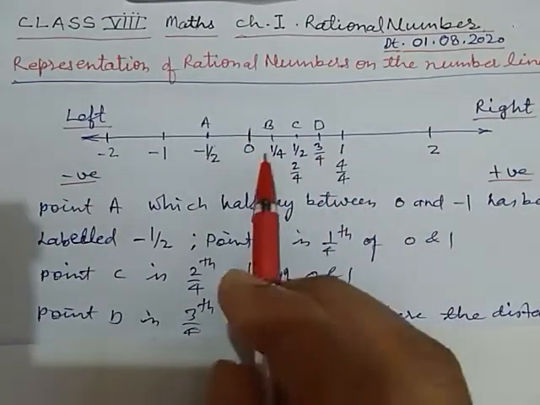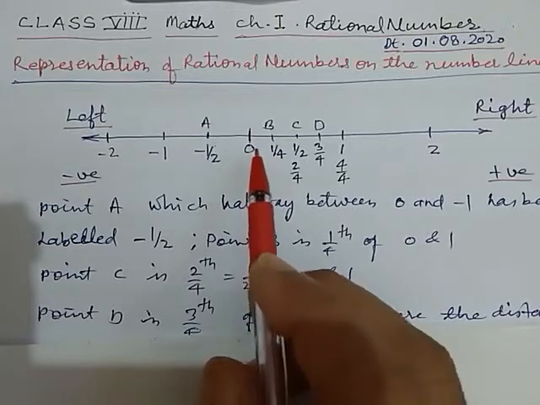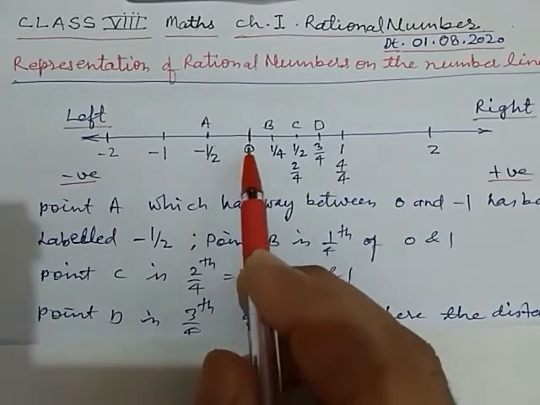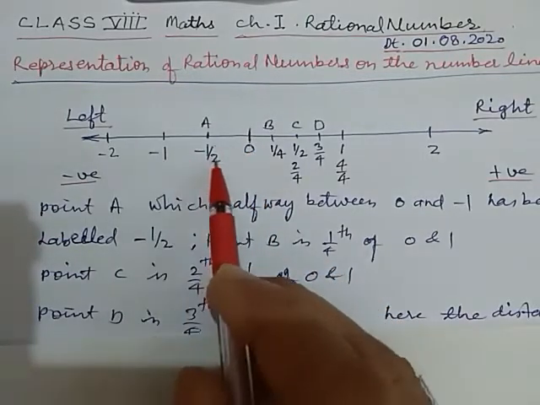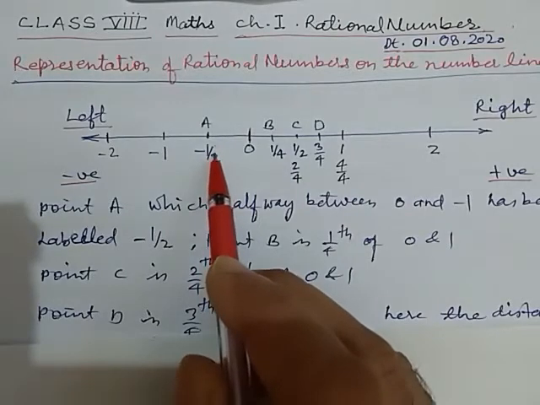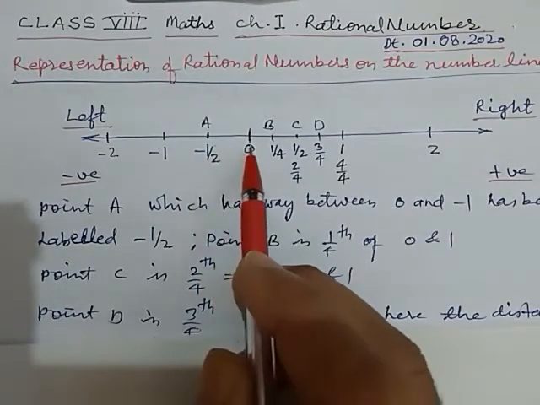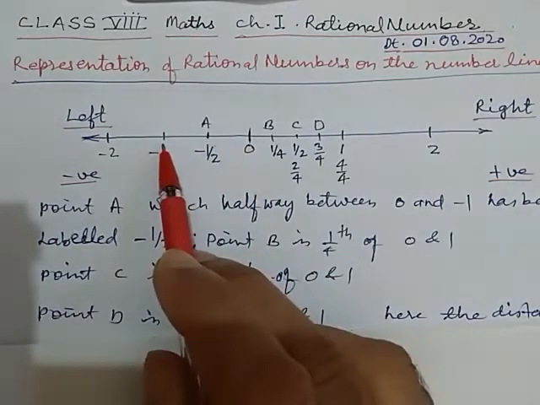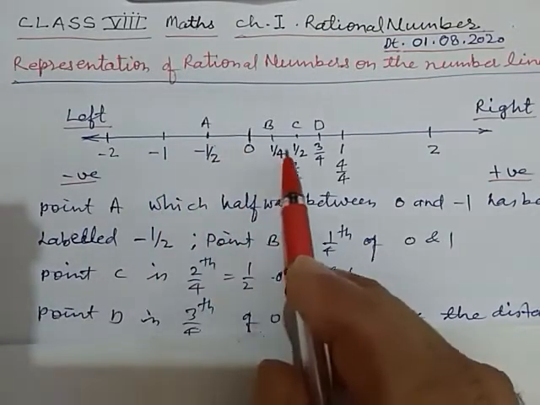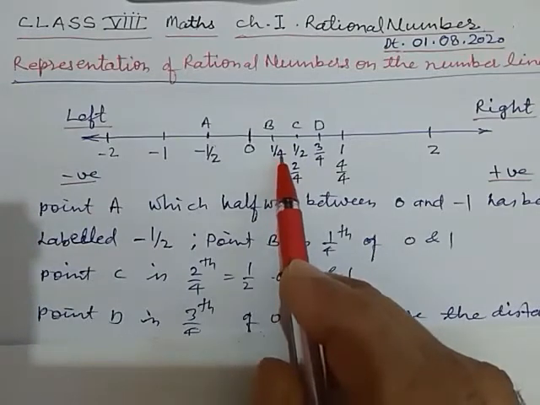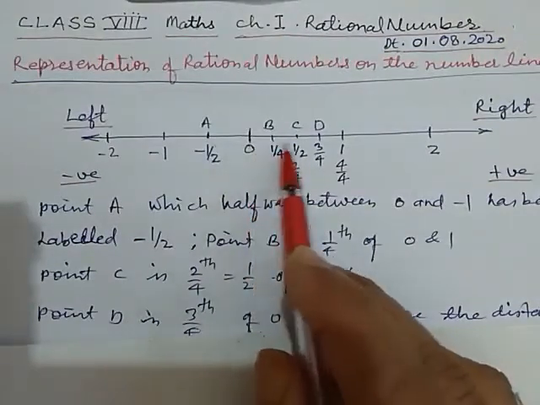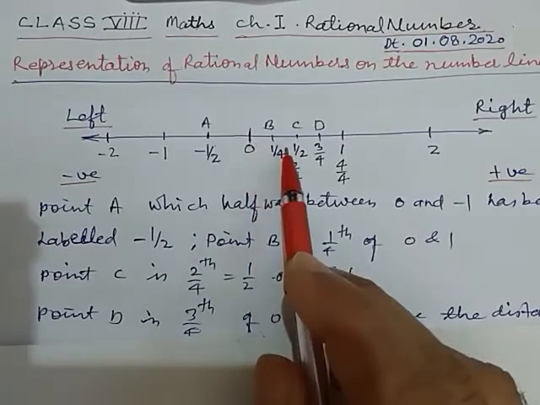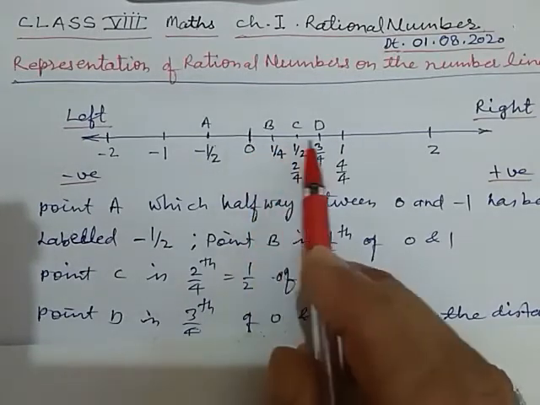Okay, it means first we have to divide these parts according to the denominator. Here the denominator is 2, so we have to make 2 equal parts of this 0 and 1. Now here there is 4, so we have to divide this 0 and 1, that is 1 unit, into 4 equal parts.